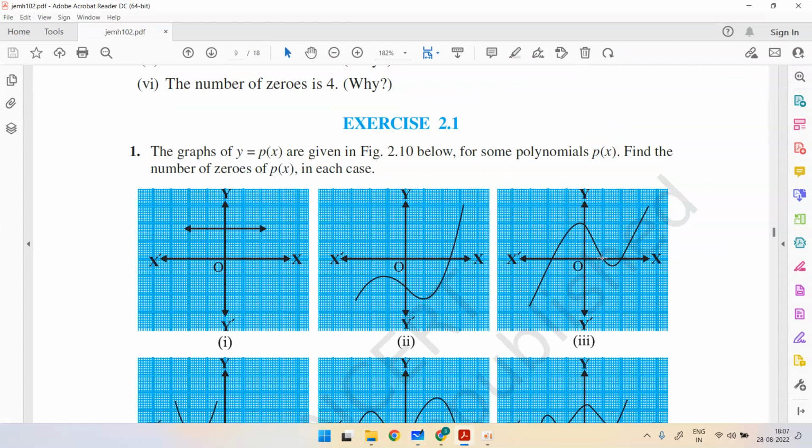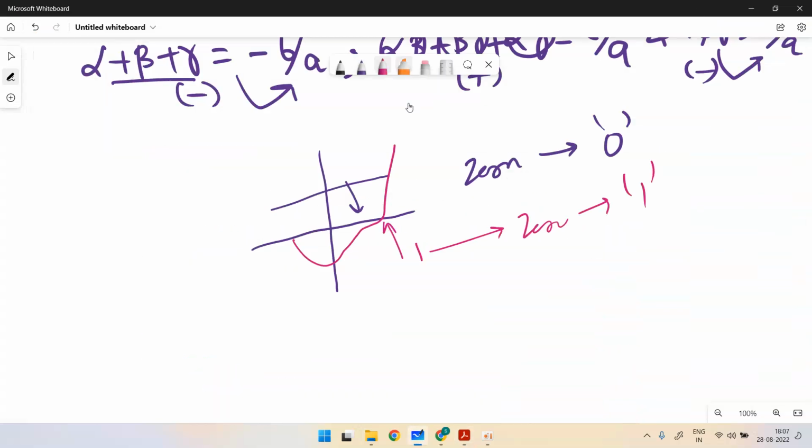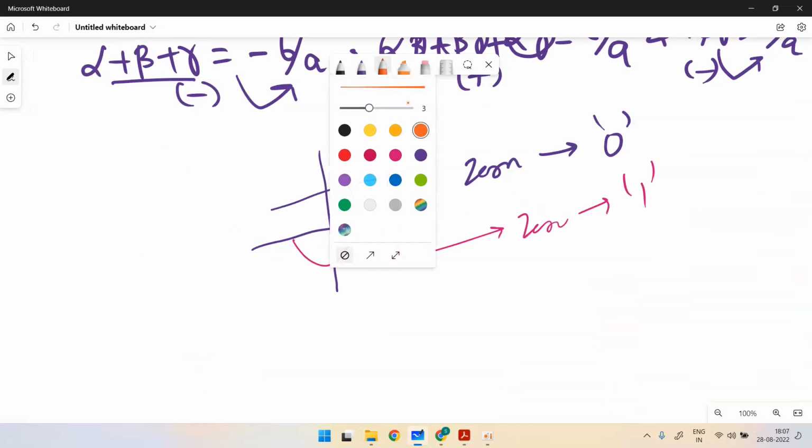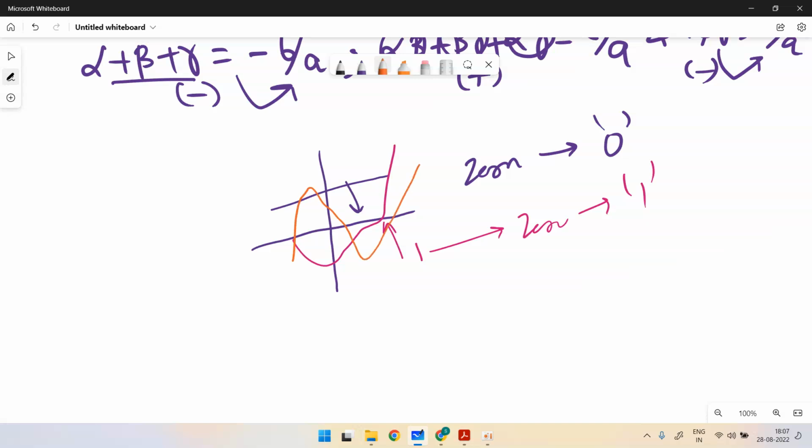Next, this intersects the x-axis at 3 points. The figure is given here: the x-axis is here, here and here, with x, y, x dash and y dash.